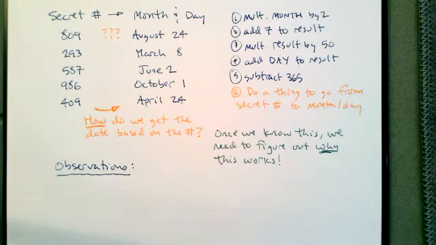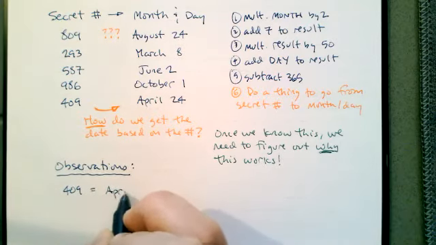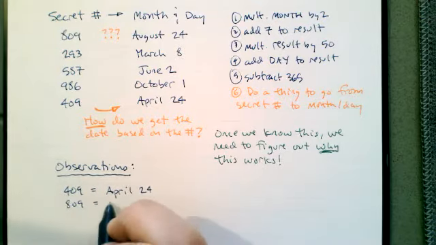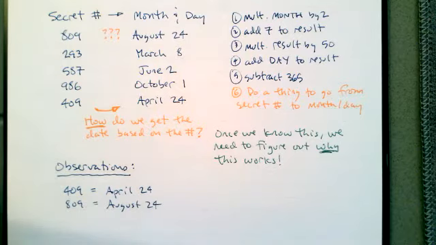So 409 is April 24th. 809 was August 24th. And then it looks like, based on your comment, that you did March 24th and found 309. So we have these two observations, 409, April 24th, 809, August 24th.